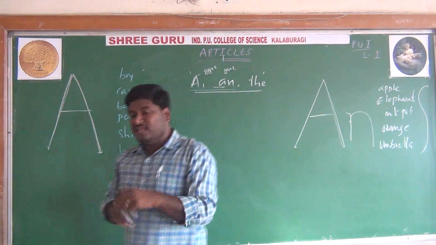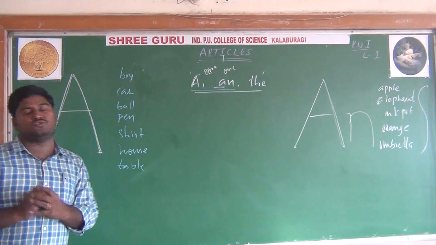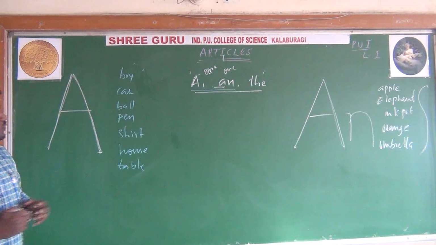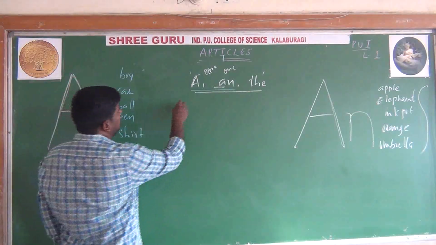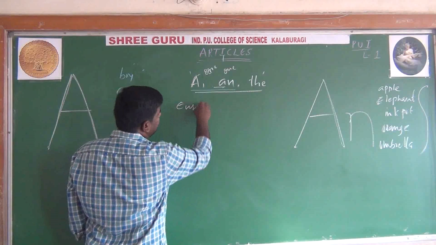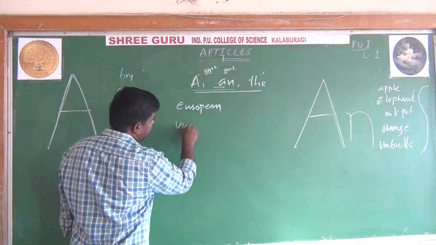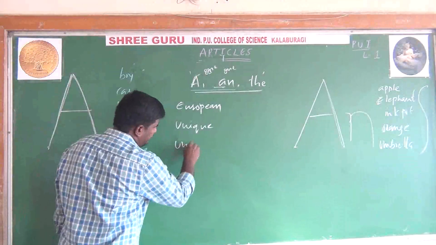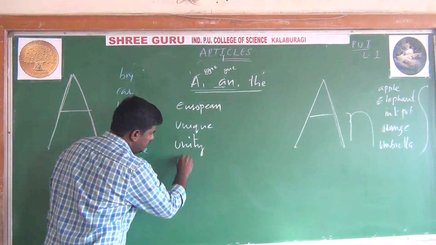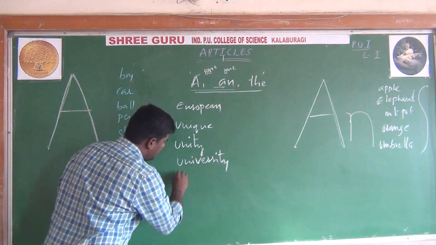There are some exceptional words which make us sometimes confused. What are those words? See, European, unique, unity, university, uniform.